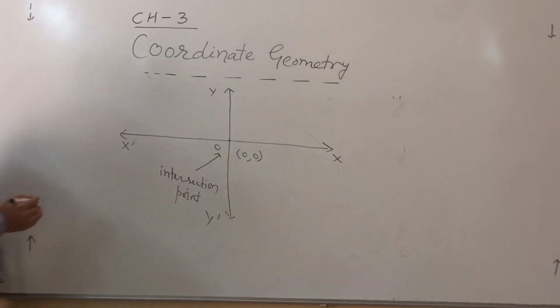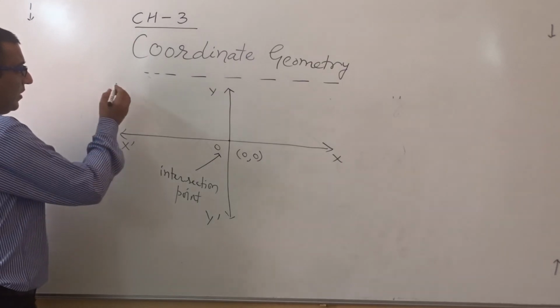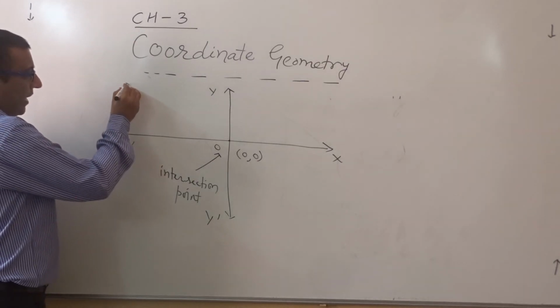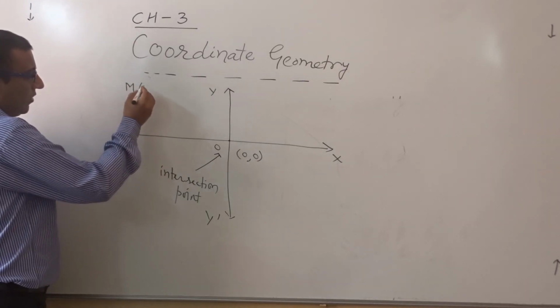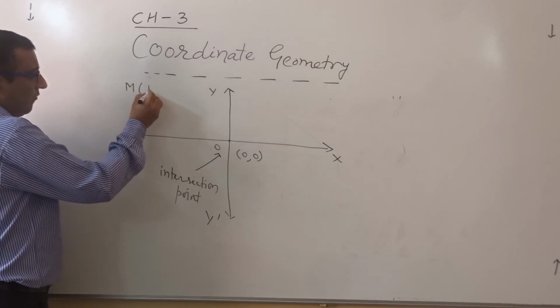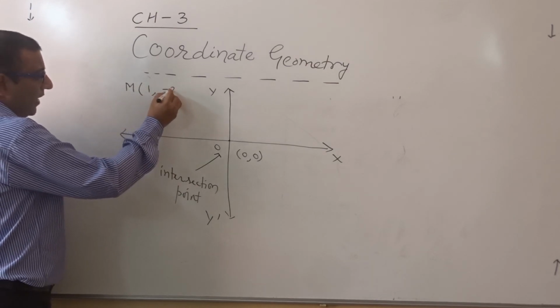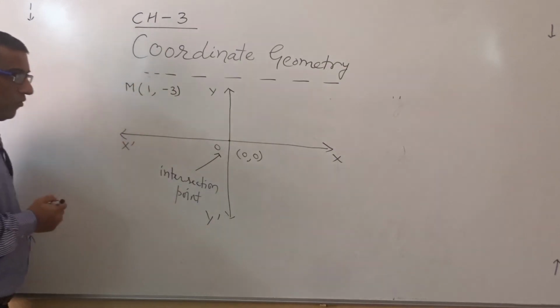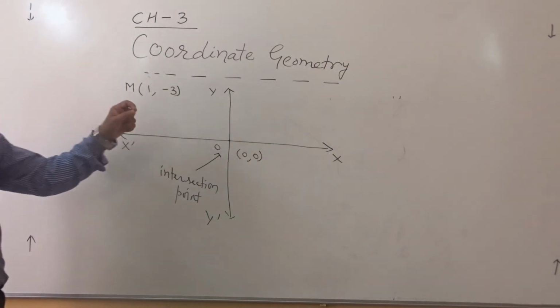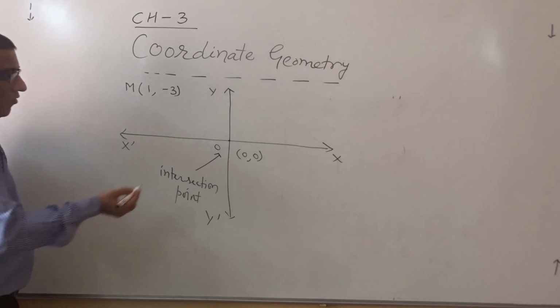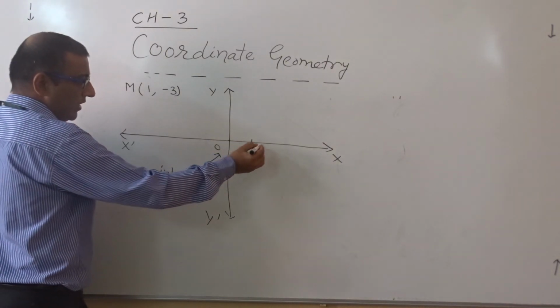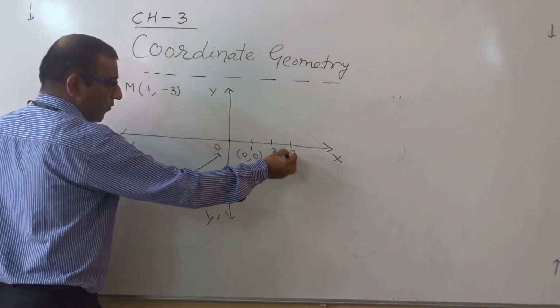Okay. I am taking one more example. If I take one point M and the coordinate of this point M is 1, -3, what is the exact location of this point? Again we will take 1 here, 2 here, because it is a plus point.